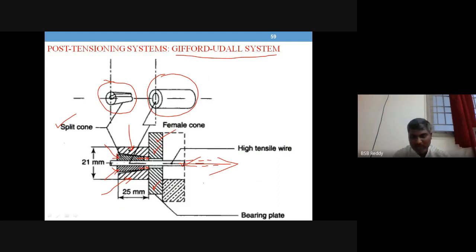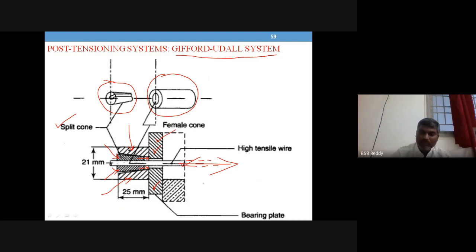Comparing with the previous one, in the Freyssinet system you can tension many wires at a stretch simultaneously, whereas in the Gifford system you can tension only one wire at a time, right?